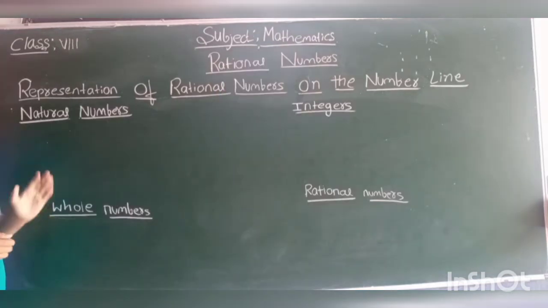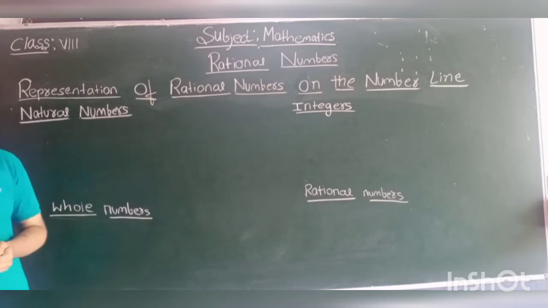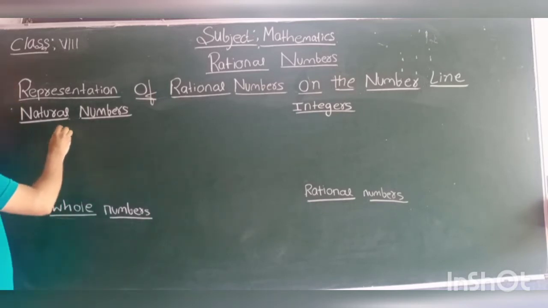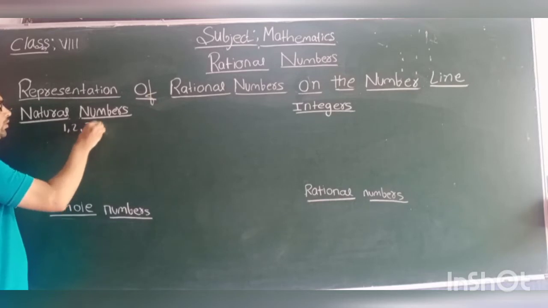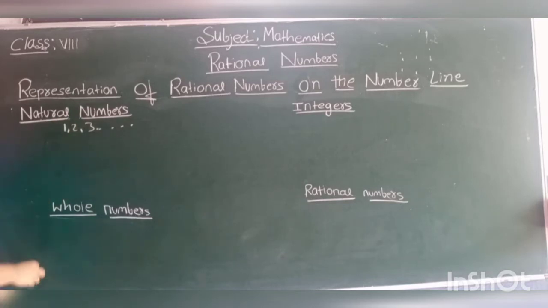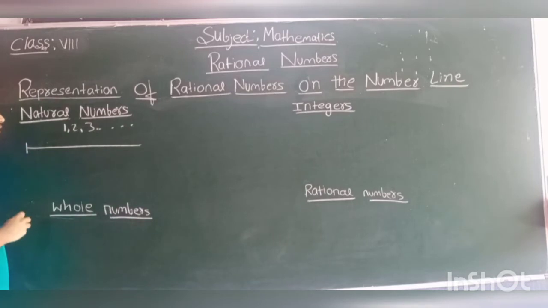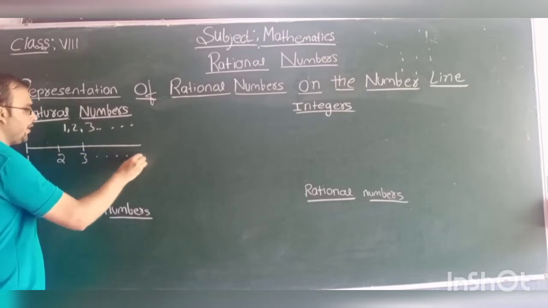Students, let us first see the number line of natural numbers. As you know, natural numbers start from 1, 2, 3 and so on. So the number line of natural numbers starts from 1, 2, 3 and so on.